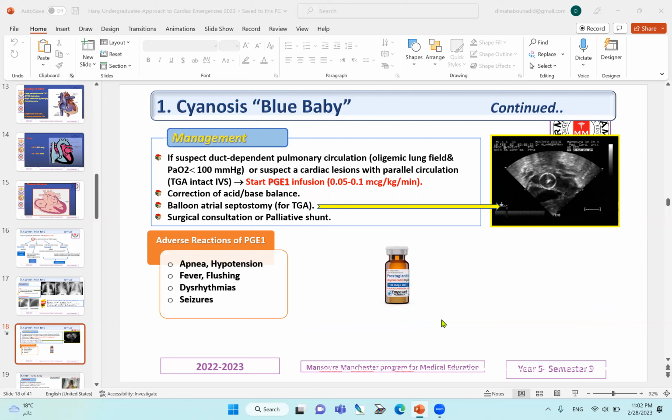Prostaglandin infusion may have side effects, which are apnea, hypotension, fever, distress, and seizures. So you have to weigh the advantage you take from the prostaglandin infusion against the side effects.